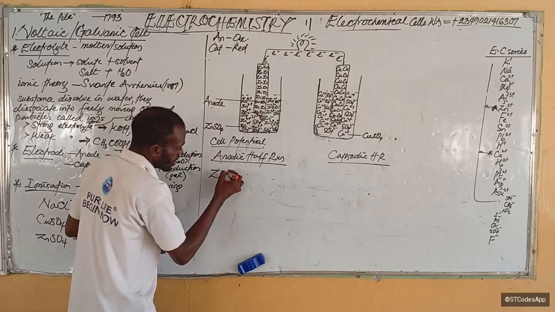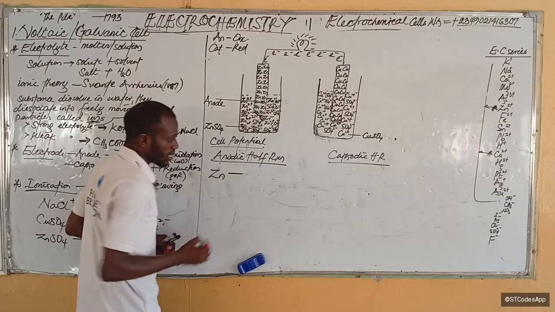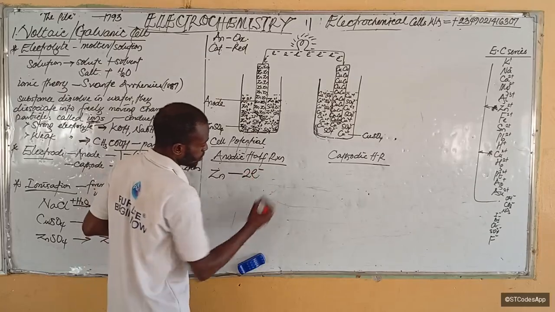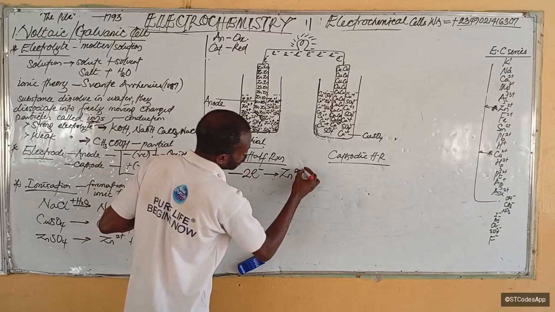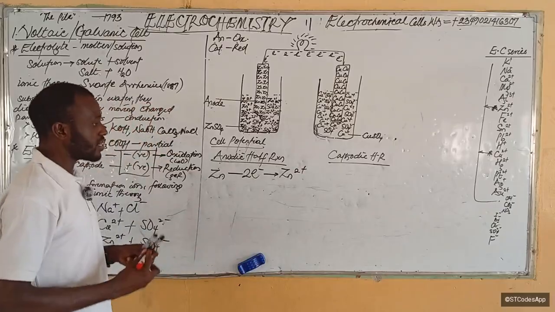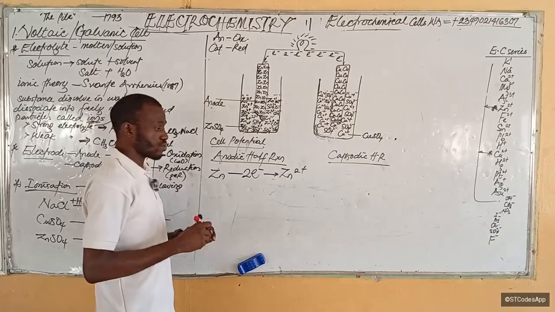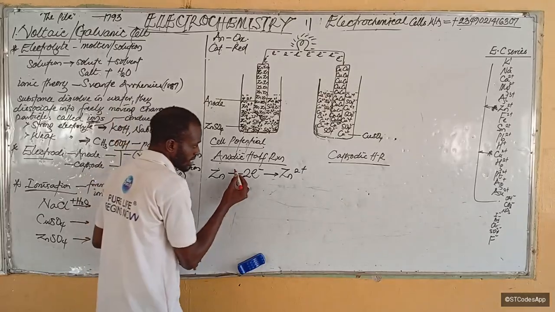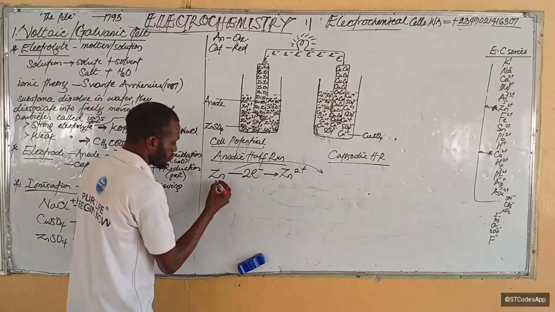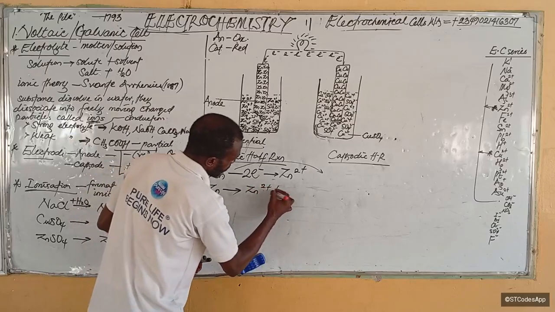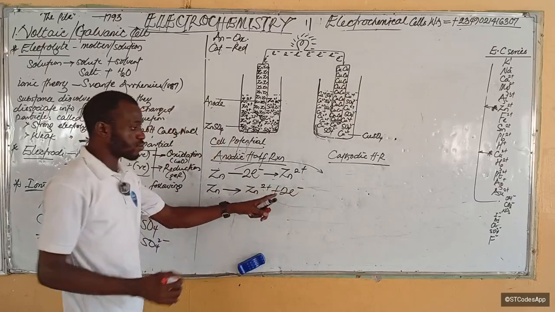Zinc, normal zinc, will lose its electrons to become zinc 2+. Is that clear? But then you say, Master, I've never seen minus in chemistry before. So this is what I want to do. We'll now use maths. We carry this to that side and it becomes positive. So zinc becomes Zn2+ plus 2e-. You see, it proves to you.